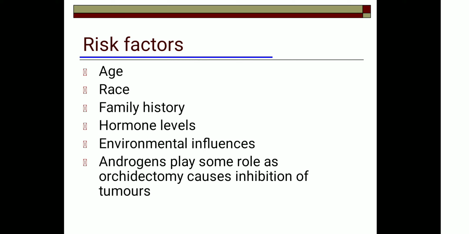Then family history will be there, and also there will be some environmental influences, hormonal influences, androgens can influence. Because orchidectomy can also cause inhibition of this tumor. So androgen, as I told, has some effect on the epithelial cells, which will result in the proliferation of the cells. So some role is there with the androgens also.